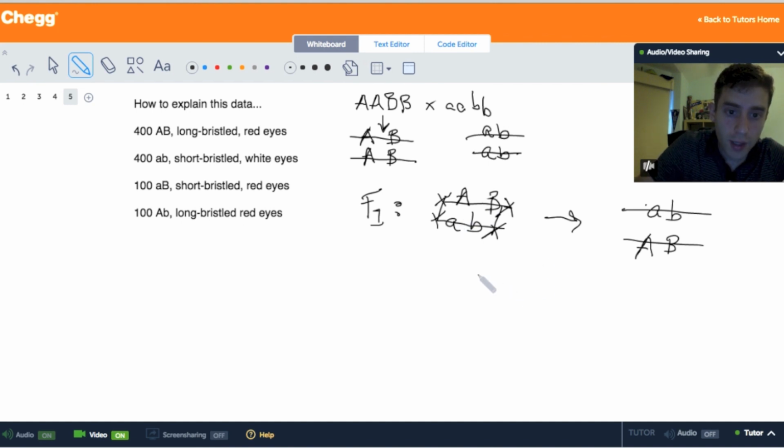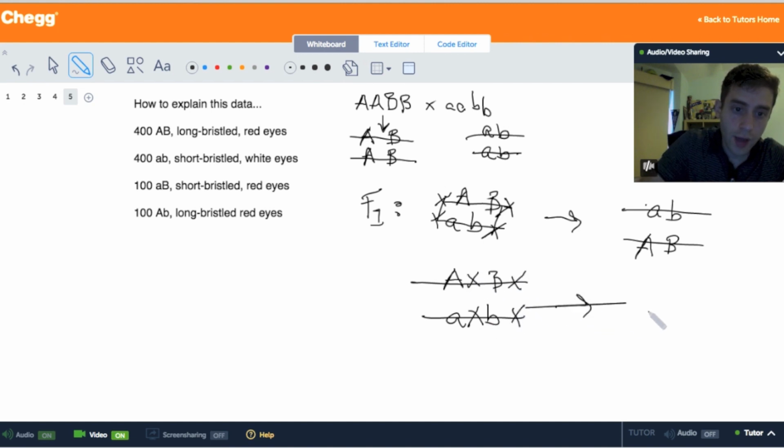But a small amount of the time, crossover events will take place between the genes, like this. And in this case, we'll have this as our final result.